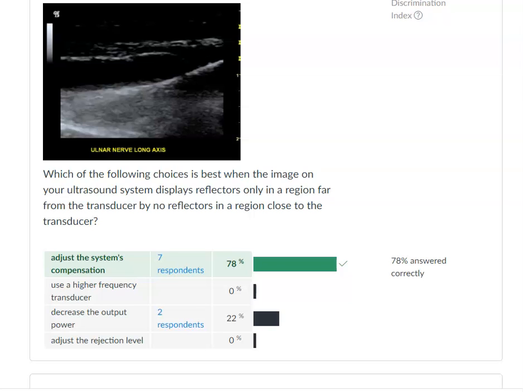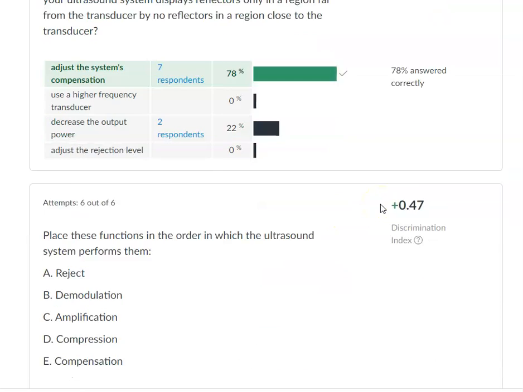So if you decrease the frequency, you would see more echoes in the far field, but you wouldn't necessarily improve your echoes in the near field. And certainly if you decrease the output power, you're not going to see many more echoes at all. So the correct answer is adjust the compensation. Take your TGCs and adjust them so you can see that near field.